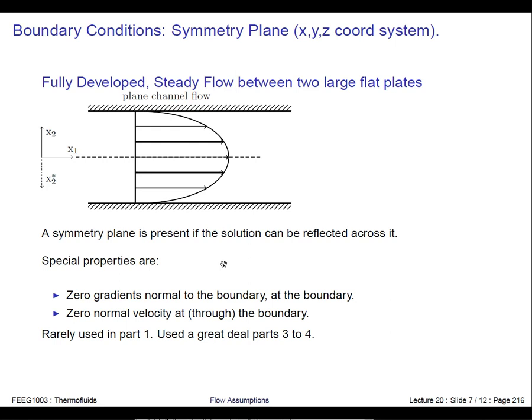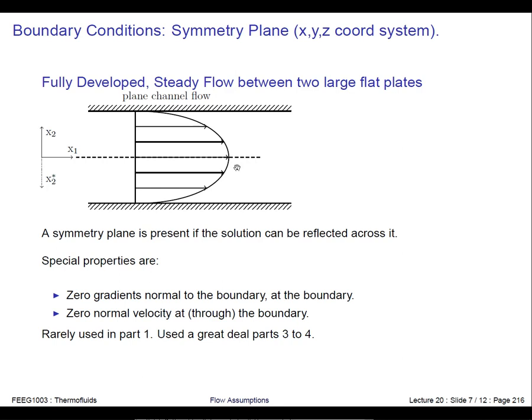Okay, so if you are going to do the second case, you have to know what the boundary conditions are on the center line. The first boundary condition on the center line is zero gradient normal to the boundary at the boundary. We can see this from the velocity profile. Effectively this velocity profile comes down at this point and goes through this boundary at 90 degrees.